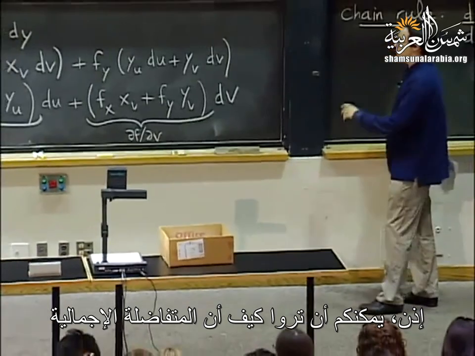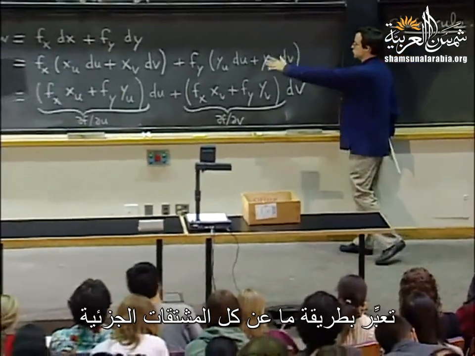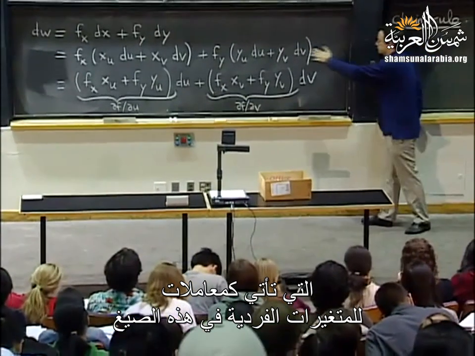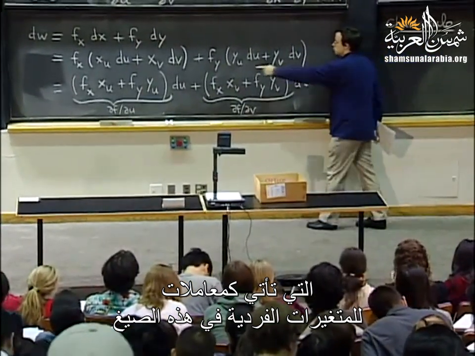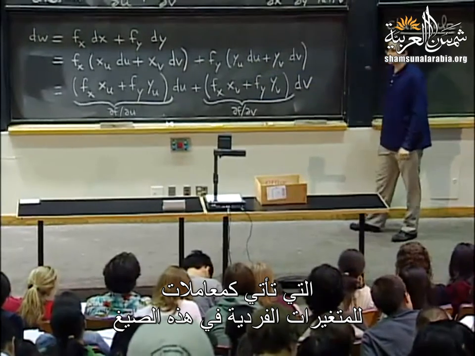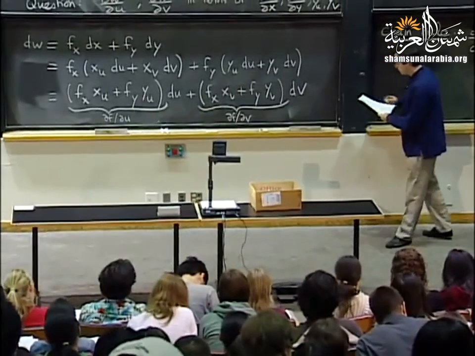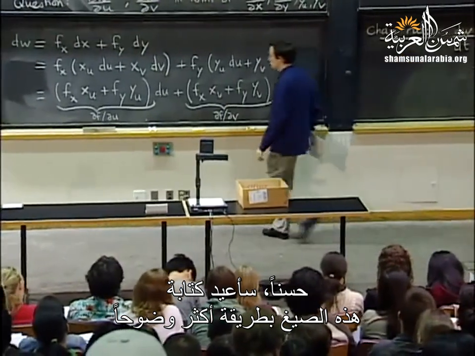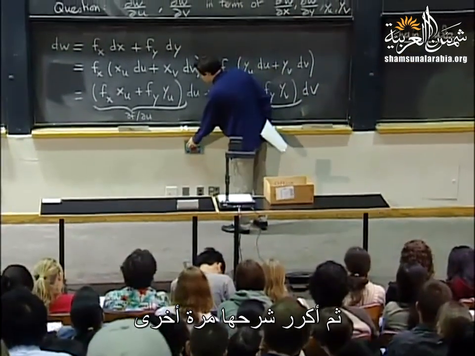Okay, so now you see how the total differential accounts for somehow all the partial derivatives that come as coefficients of the individual variables in these expressions. Okay, so let me maybe rewrite these formulas in a more visible way and then re-explain them to you.